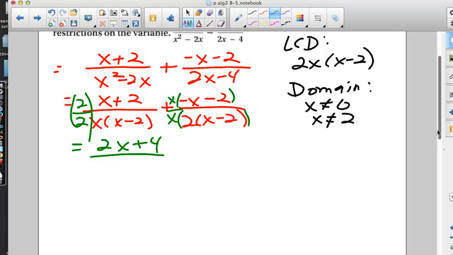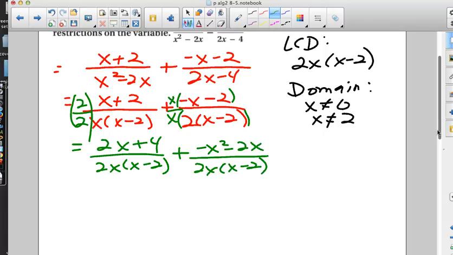Don't distribute it in the bottom. Just write it as 2x times x minus 2. We want to see that common denominator when we try to put these two together. X times -x minus 2 will be -x squared minus 2x over 2x times the quantity x minus 2. We can see the common denominator. There it is. And we can double check. Yep, 0 and 2, those are the two numbers we would not want to use.